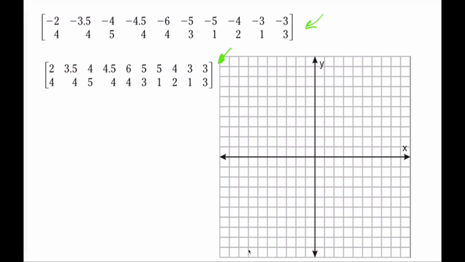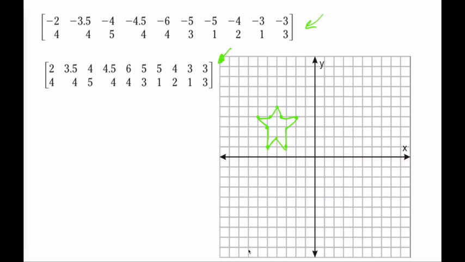We've got one at negative 2, up 4, negative 3.5, up 4, negative 4, up 5, negative 4.5, up 4, negative 6, up 4, negative 5, 3, negative 5, 1, negative 4, 2, negative 3, 1, and negative 3, 3. And so it gives us this star shape.